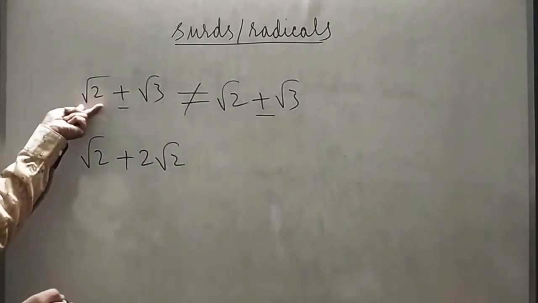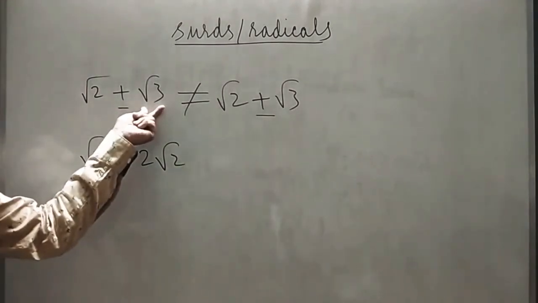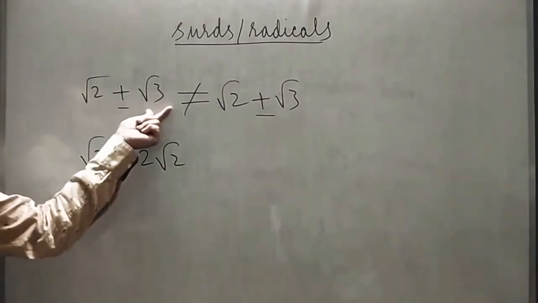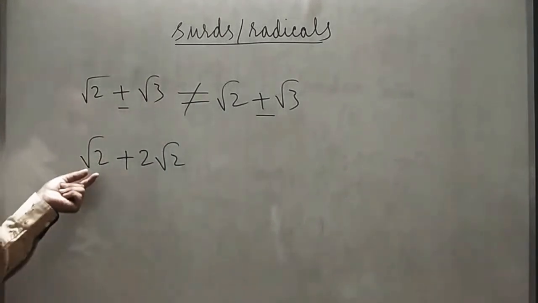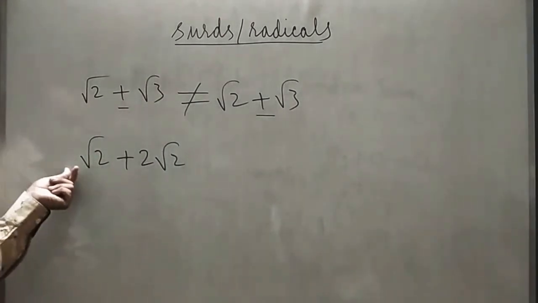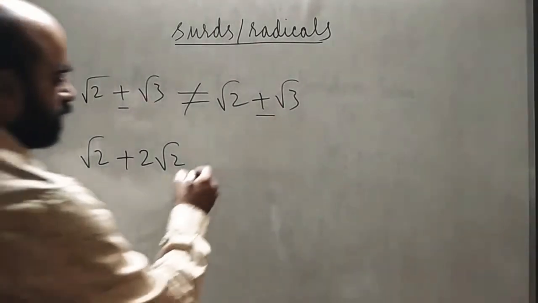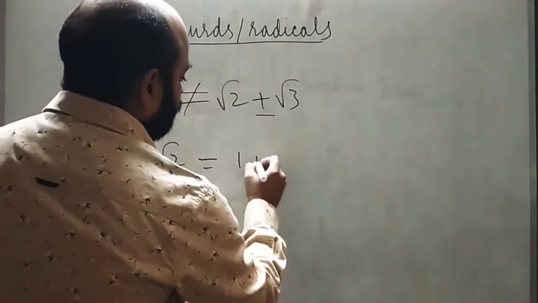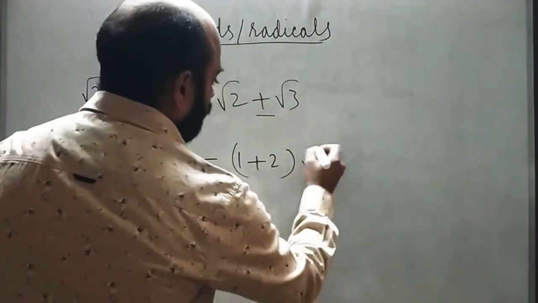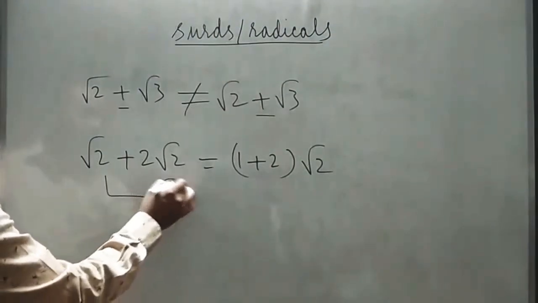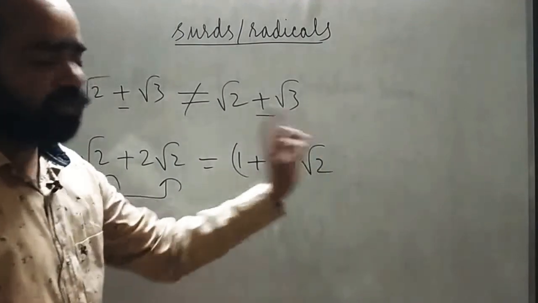But if it is chocolate and toffee, or apple and orange, we cannot add or subtract. Here this is 1 root 2 and this is 2 root 2. Root 2 is common, so what is left? 1 plus 2 root 2.